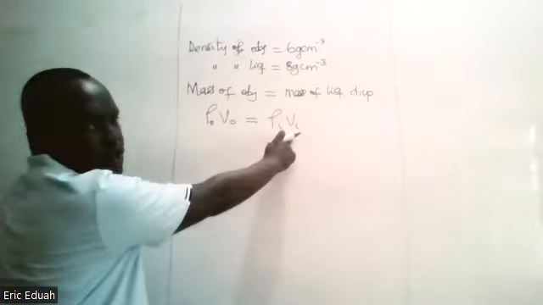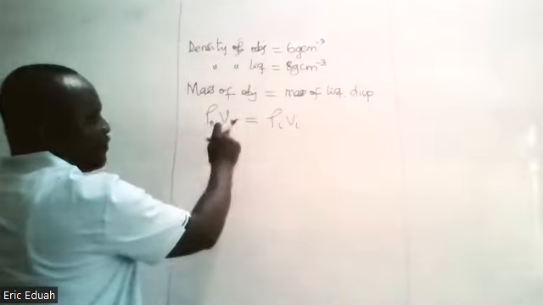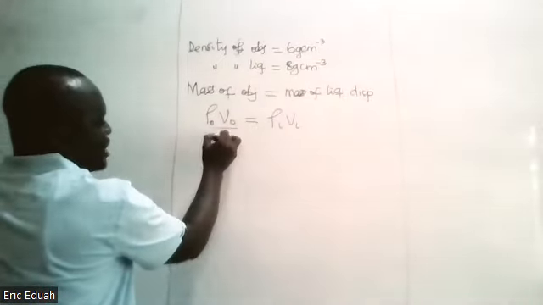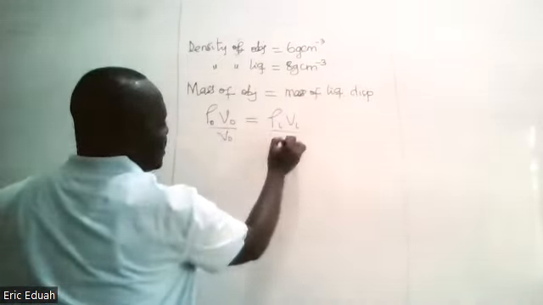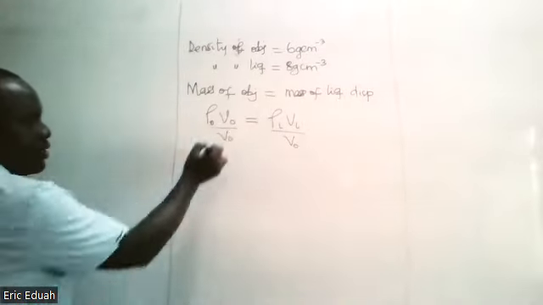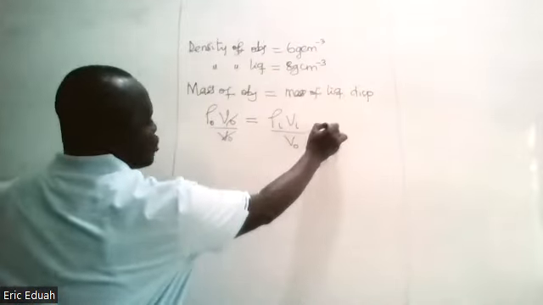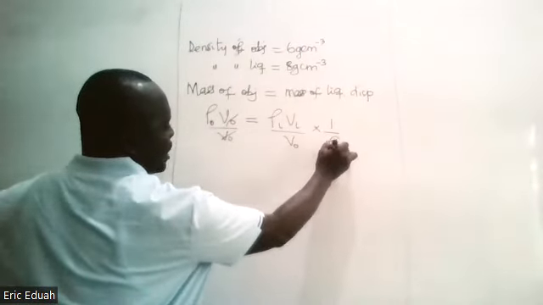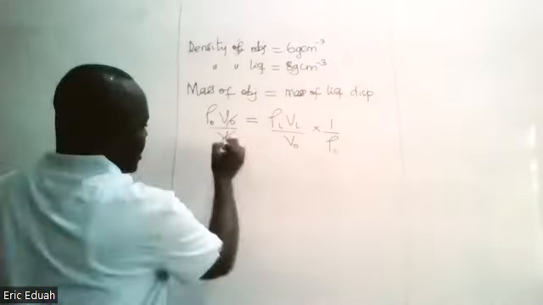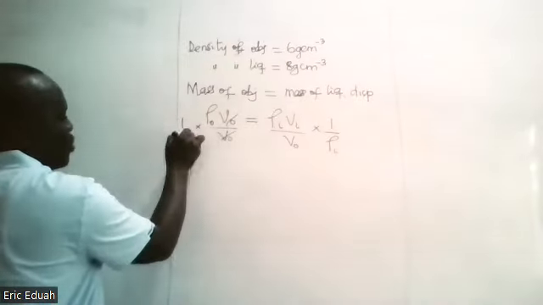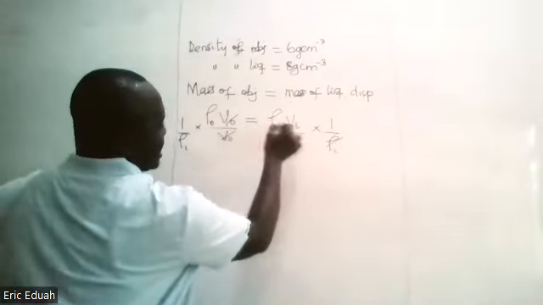Because our aim is to make VL over VO the subject, we first divide through by VO, then we multiply through by 1 over rho of liquid. This and this will cancel out.